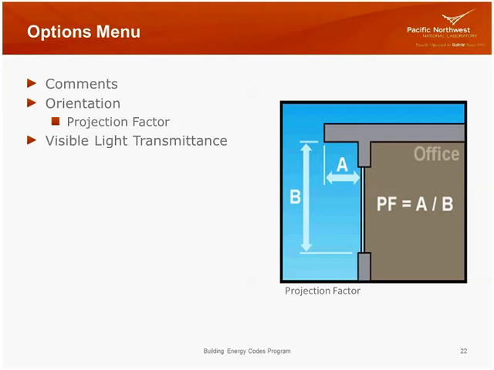That's not so much a code requirement within COMcheck to complete a project, but you could add that and orient the entire building and put your projection factor in. The projection factor is actually a calculation of the overhang. And when you do orientation, you're going to want to separate all your walls out and put the appropriate windows and doors under each respective wall. Visible light transmittance is another option that you can also choose from, and enter the VLT values in your project.